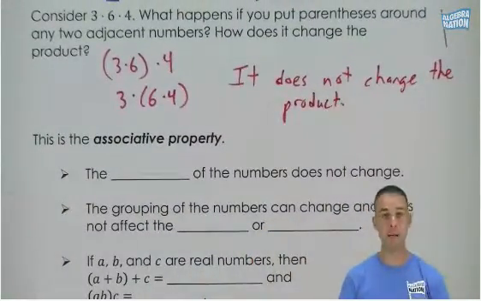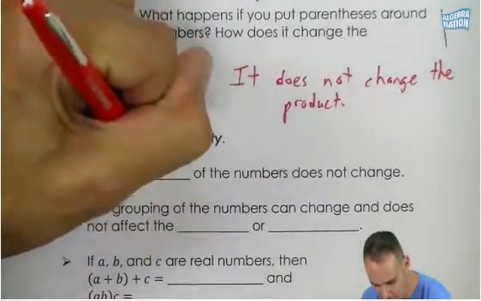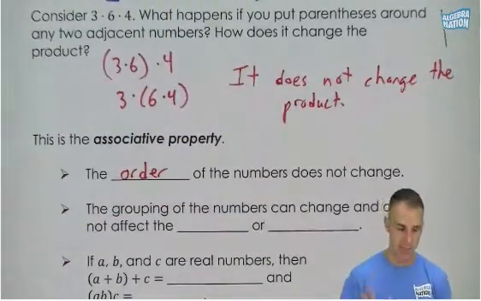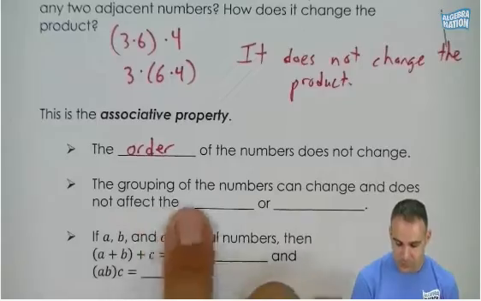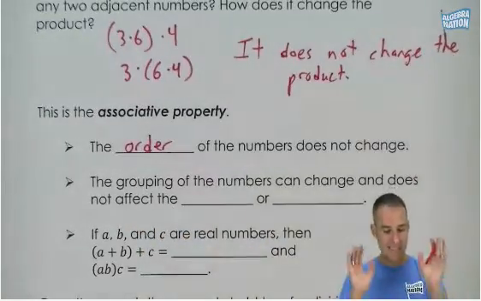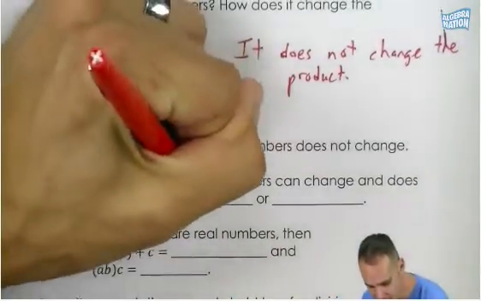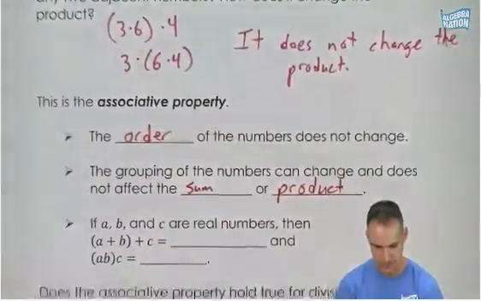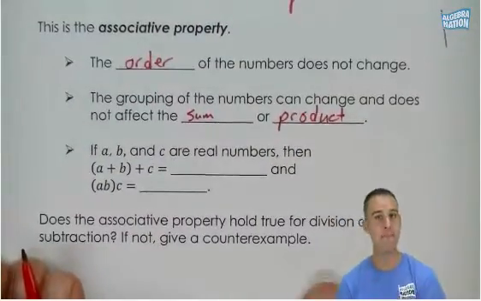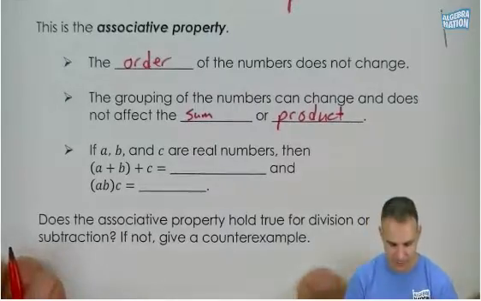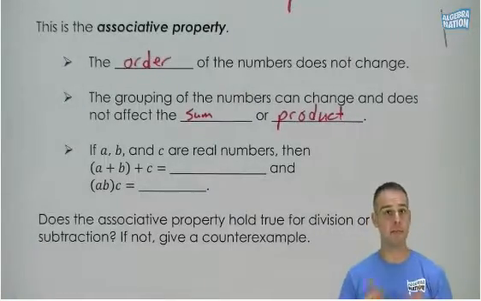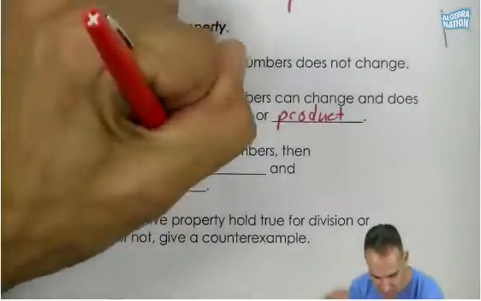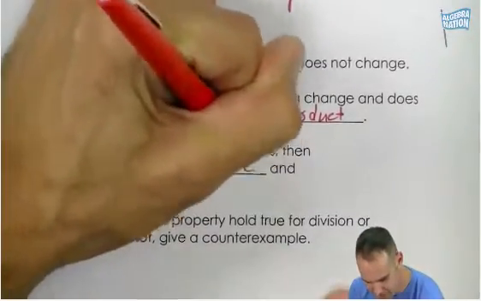So with the associative property, the order of the numbers does not change. However, the grouping of numbers can change and does not affect, once again, the sum or the product. Which means if a, b, and c are real numbers, then (a plus b) plus c is equivalent to a plus (b plus c).